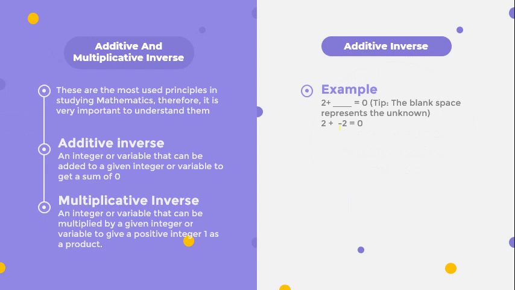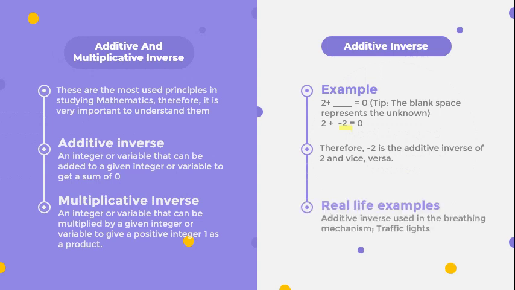So in this case, what number can we add with 2 or combine with 2 to get a 0? If you add negative 2 to 2, it will give you 0. Therefore, negative 2 is the additive inverse of 2 and vice versa.